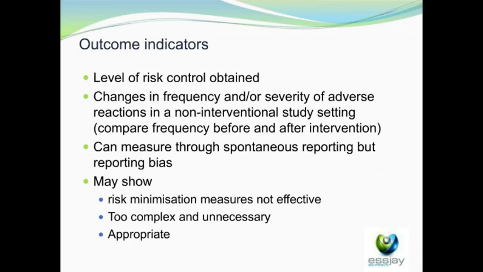Whereas outcome indicators are about whether you have seen a change in the frequency or severity of the adverse events you're trying to monitor. That could be in a non-interventional study setting or through spontaneous reporting, but we know the issues associated with underreporting through the spontaneous system.